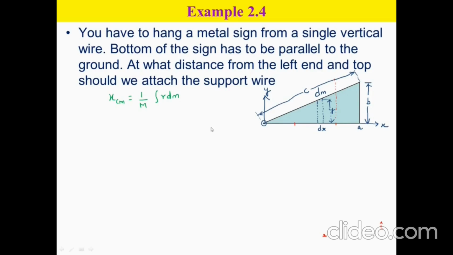This is a very practical problem. And again here, because this object is a continuous object, we can use the formula that we had just shown, where we are trying to find the position of the center of mass by integrating over a certain volume.